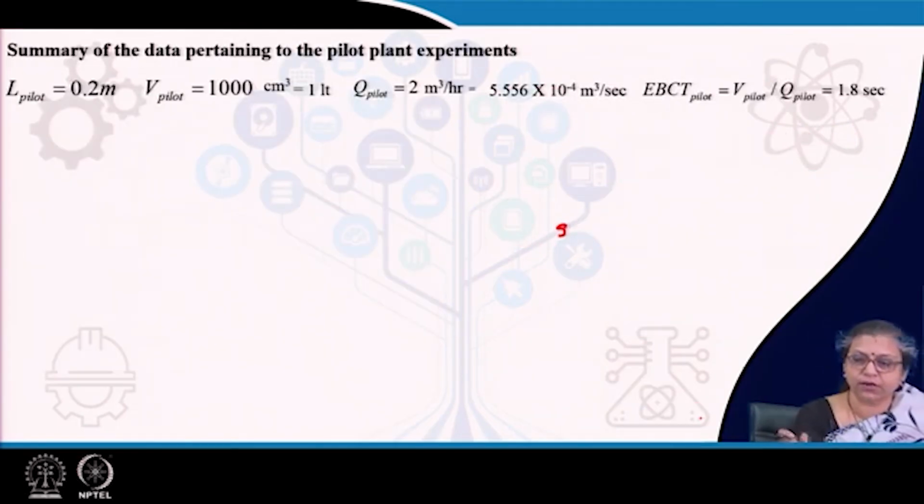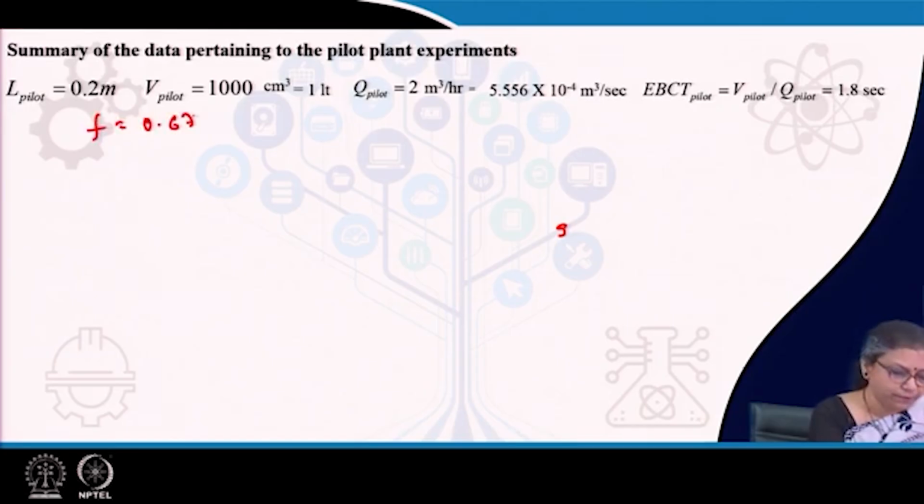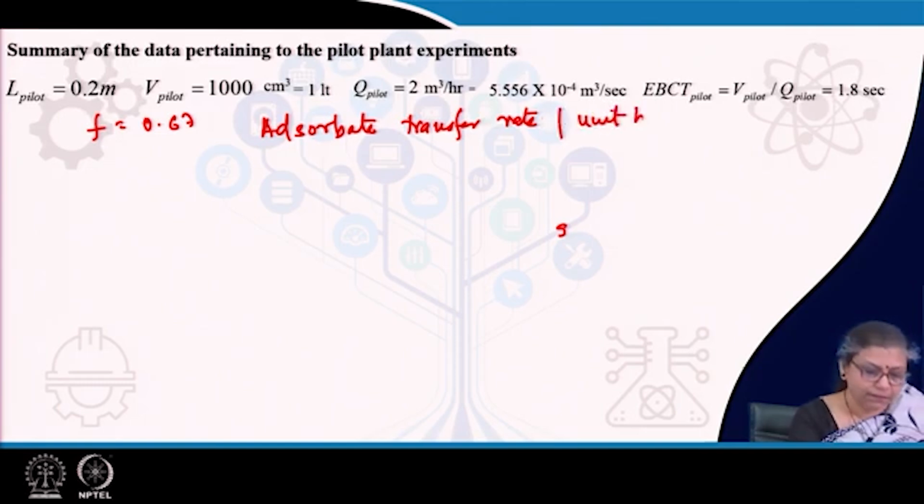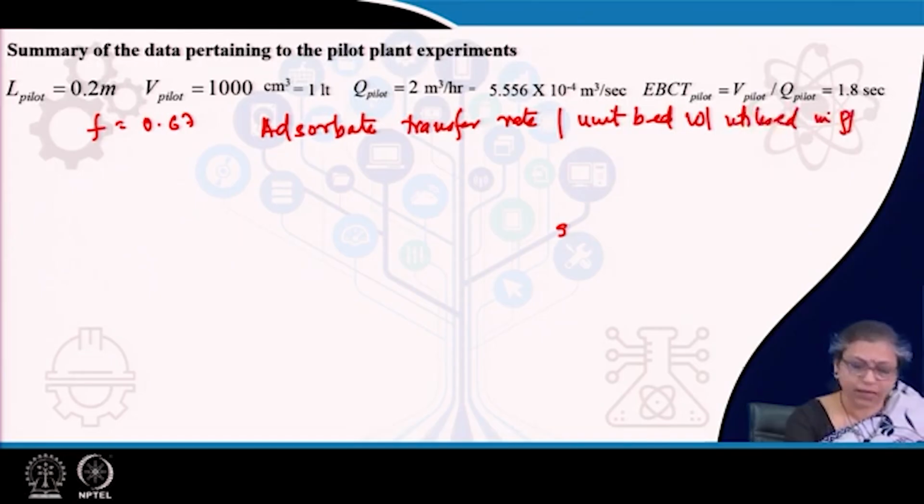In the same particular way, we know that 67% of the bed gets utilized. So, here the data of the pilot plant are already provided. We know that the 67% F equals 0.67. So, therefore, we can also find out the total adsorbate transfer rate per unit bed volume utilized in the pilot plant.